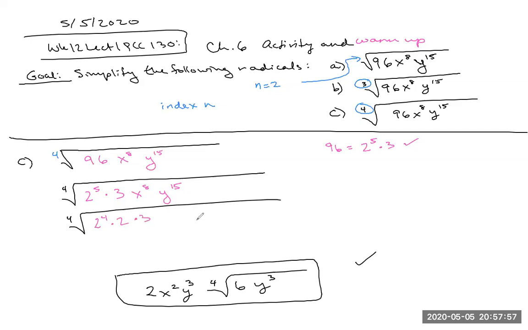Keep multiplying 3 there. And then x to the 8th can stay because 8 is divisible by 4. And then you have y to the 12th and 3 y's left over. So all the stuff with exponents that are evenly divisible by 4 is going to wind up coming out, and the rest of the stuff stays underneath the radical sign.